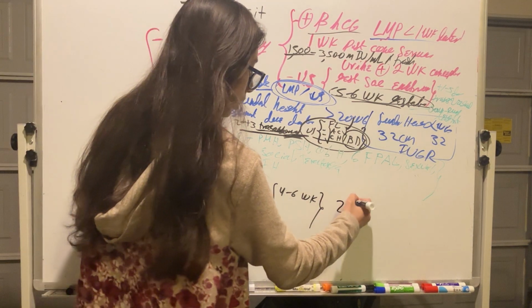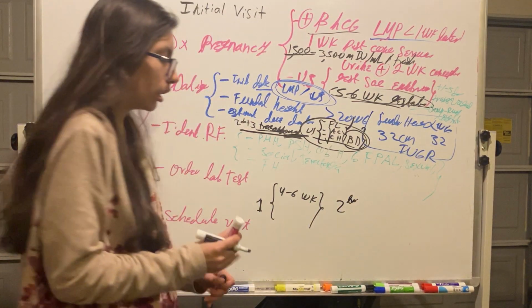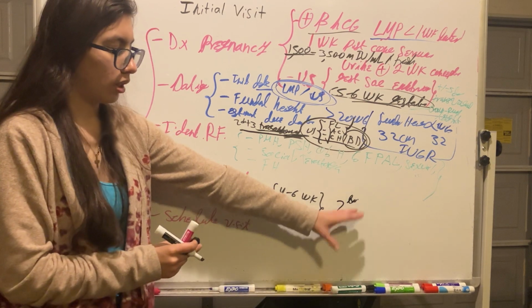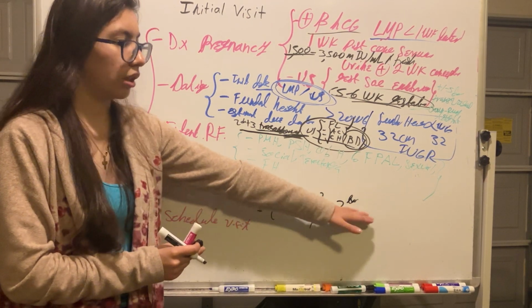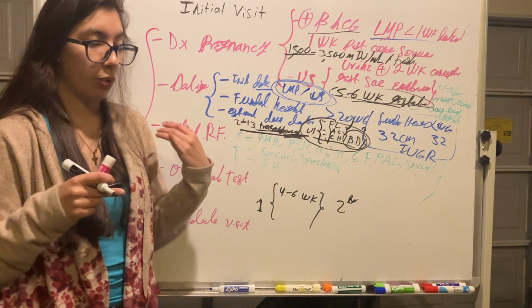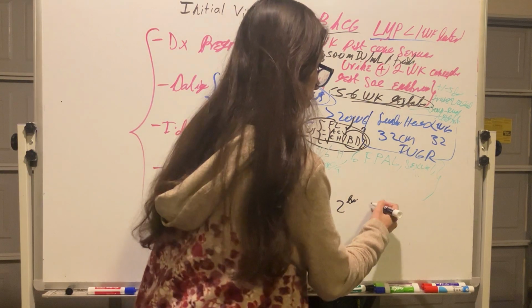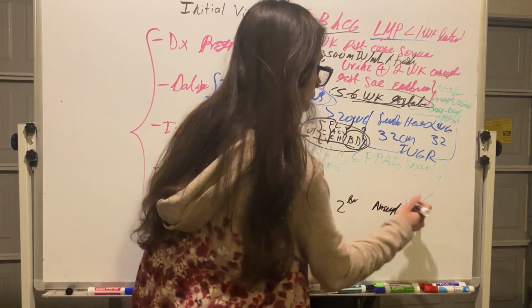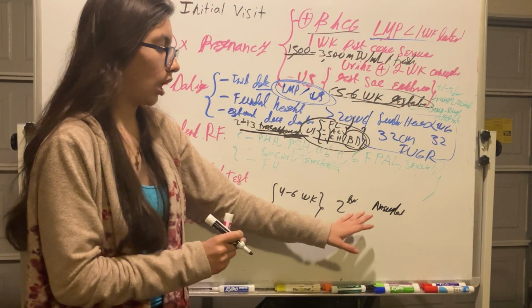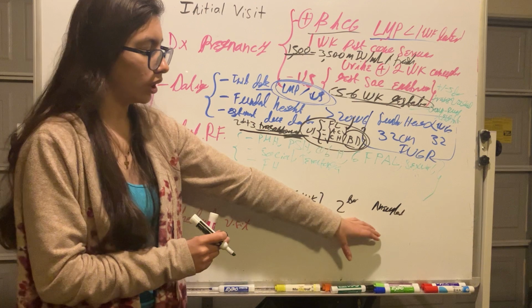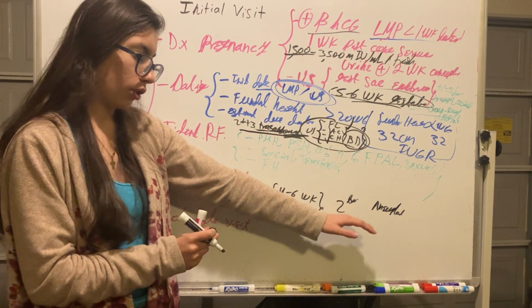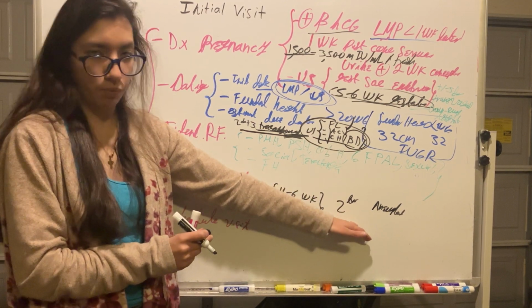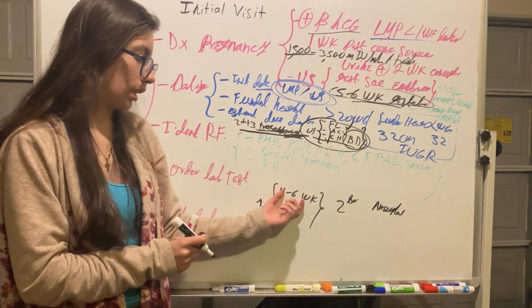Then in the second trimester, the visits are indeed to do testing. So here the evaluation is more to do testing than just a visit to see how the patient is doing, as in the first trimester.